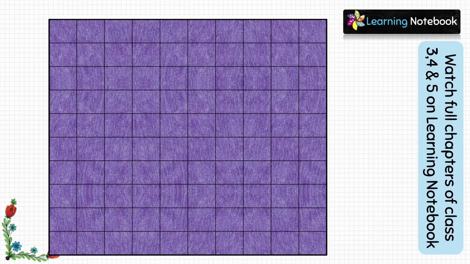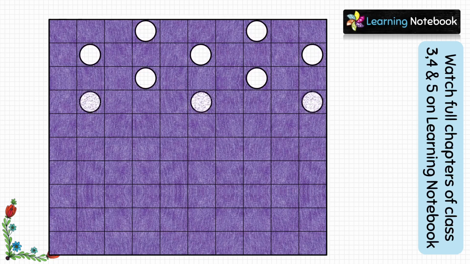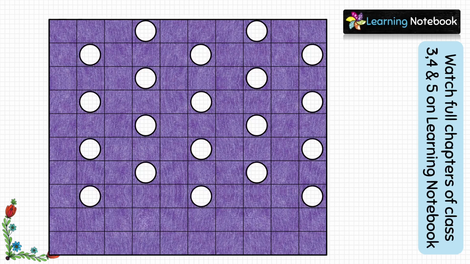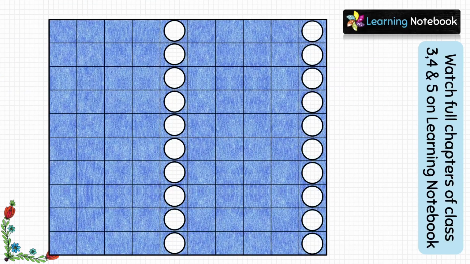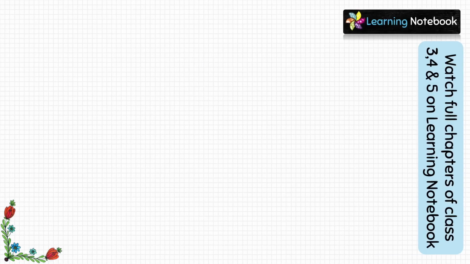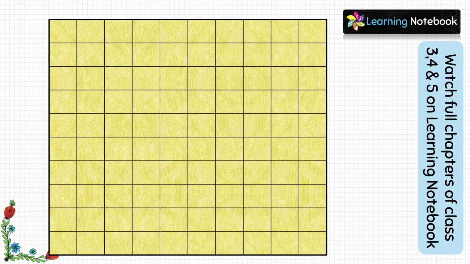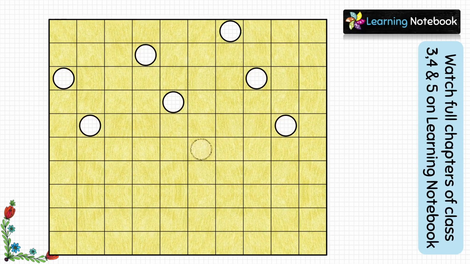Then we will take the next grid sheet and make holes after leaving three squares. In the same way, we will take another grid sheet and make holes after leaving four squares. And then we will take one more grid sheet and make holes after leaving six squares.